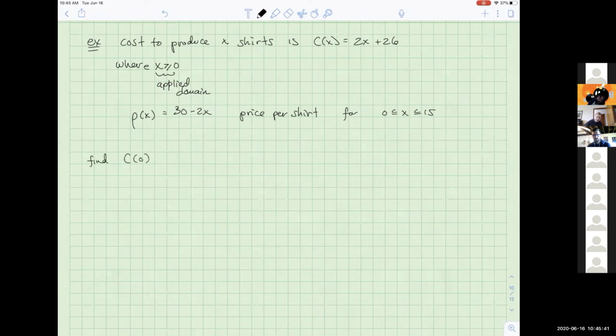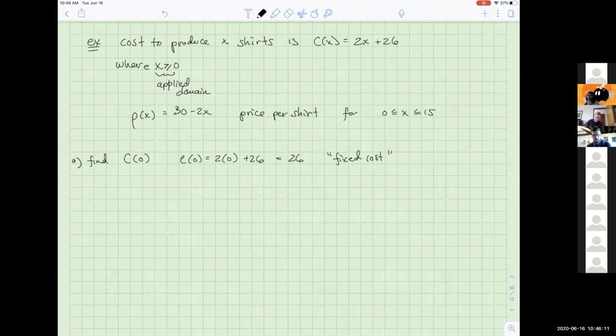Find C of 0. So this is part A. Well, C of 0, this is the cost at 0 shirts, which is 2 times 0 plus 26. This is sometimes known as the fixed cost. So to interpret it, what this means is if you're going to produce t-shirts and you're not even going to make a shirt, just to get set up, it's going to cost you $26 in startup fees.